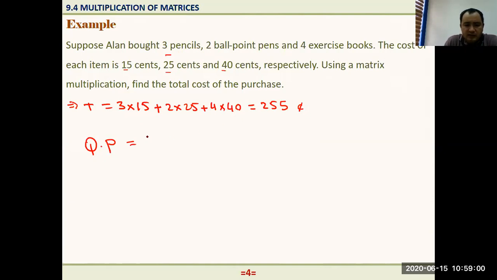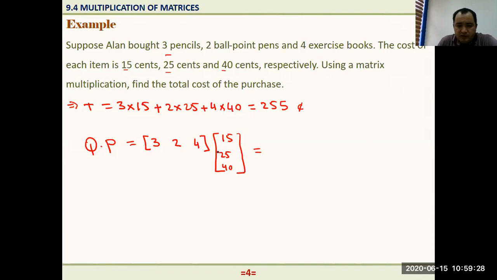Here is the quantity of items: the first one we bought 3, the second 2, the third 4. And let me write the other matrix: the first one's individual price is 15 cents, the second one is 25 cents, and the third one is 40 cents.